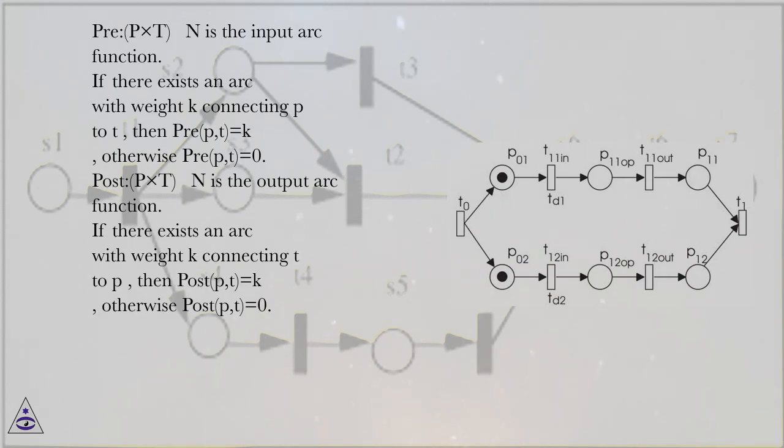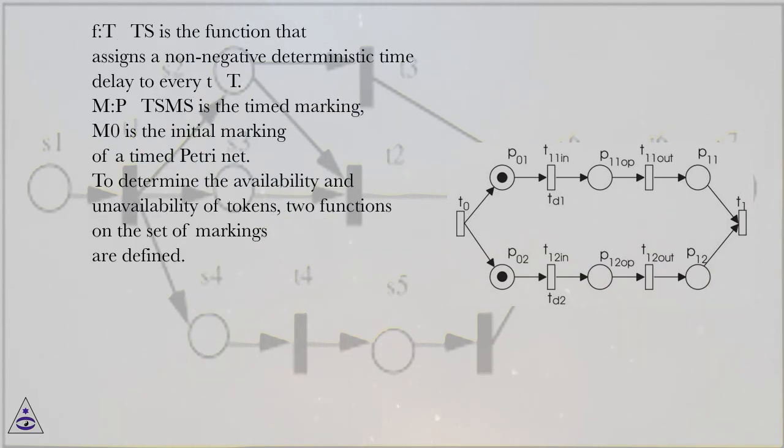If there exists an arc with weight k connecting P to T, then pre(P, T) equals k, otherwise pre(P, T) equals 0. Post, P times T to N is the output arc function. If there exists an arc with weight k connecting T to P, then post(P, T) equals k, otherwise post(P, T) equals 0. F, T to TS, is the function that assigns a non-negative deterministic time delay to every T. M, P to TSMS, is the timed marking, and M0 is the initial marking of a timed Petri net.